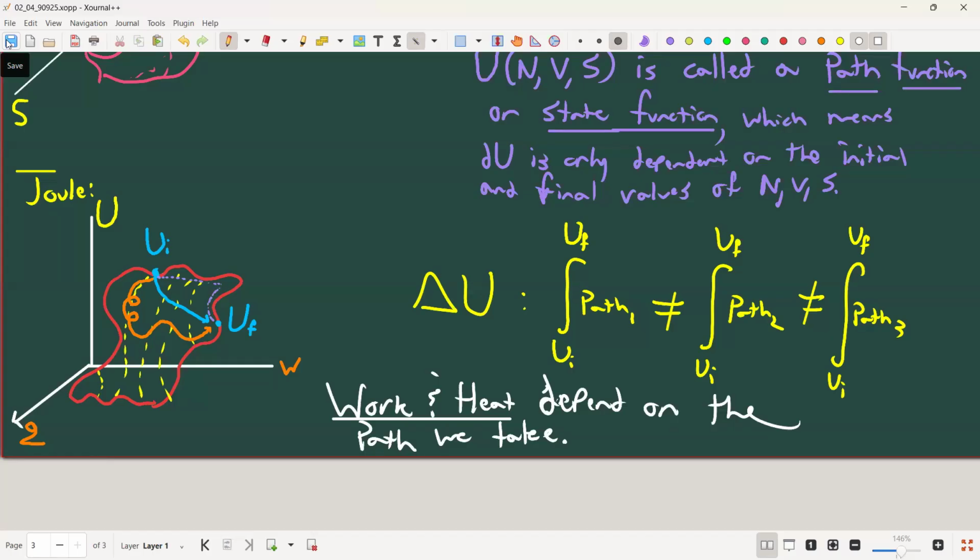Joule does not give us that. If you were to take this class with anybody else, they always start with Joule. But I don't start with Joule because we don't really use Joule in chemistry. We use Gibbs in chemistry. The things that Gibbs cares about are the things that chemists care about: changes in molecules, changes in volume, changes in entropy, which will be related to free energy and equilibrium.